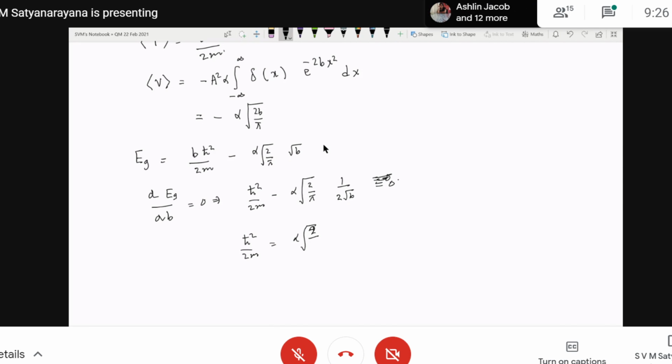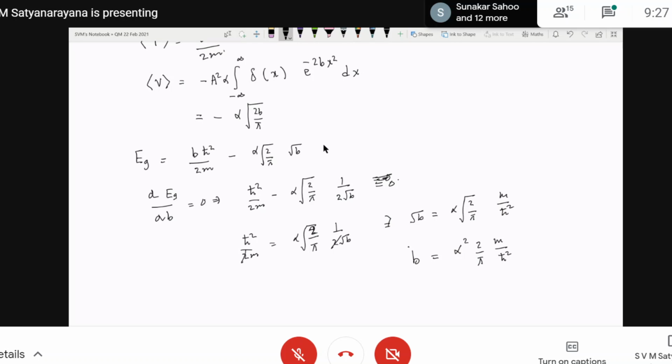2 by root pi into 1 by 2 root b. This 2 and this 2 will cancel. So take b on this side: root b is equal to alpha root 2 by pi into m by h bar squared. Now square both sides. b is equal to alpha squared 2 by pi into m squared by h bar to the power 4.